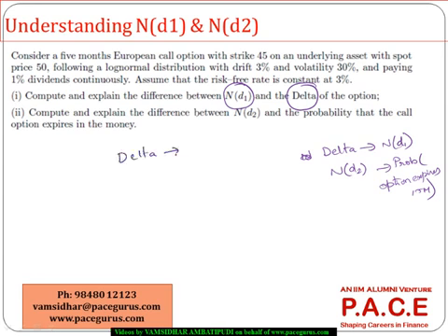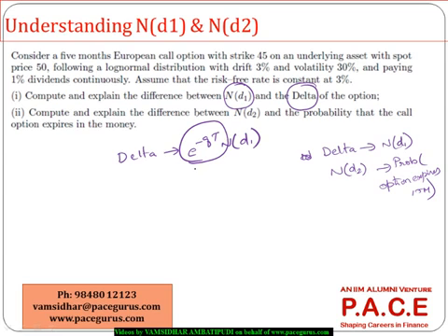Now, N(d1) is this particular number, but when I look at delta, the formula for delta is e power minus qt times N(d1). Which means it is equal to N(d1) only when the asset is non-dividend paying.